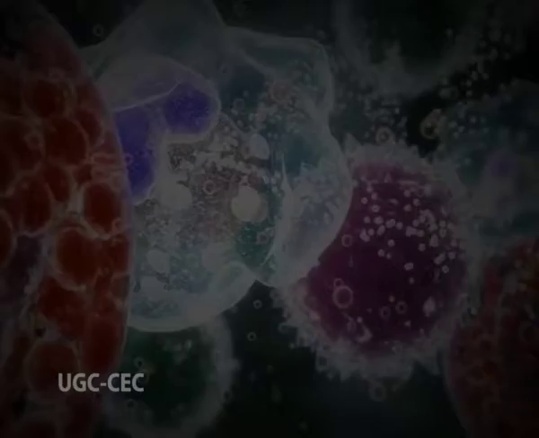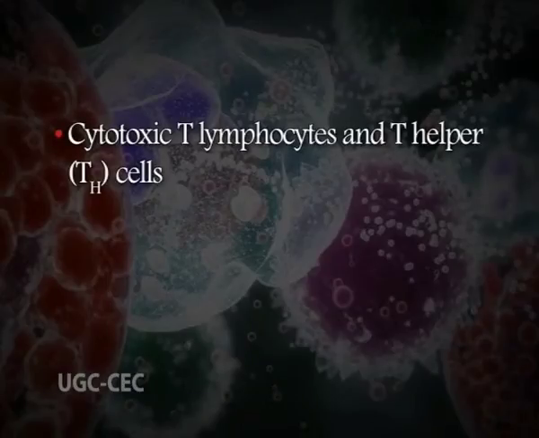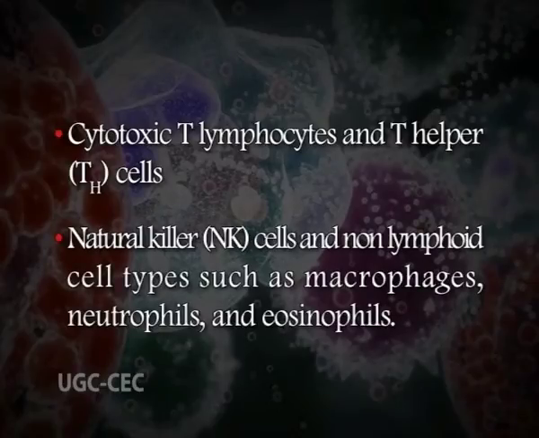Both antigen-specific and non-specific cells can contribute to the cell-mediated immune response. Specific cells include cytotoxic T lymphocytes and T helper or Th cells. Non-specific cells include natural killer cells and non-lymphoid cell types such as macrophages, neutrophils and eosinophils.